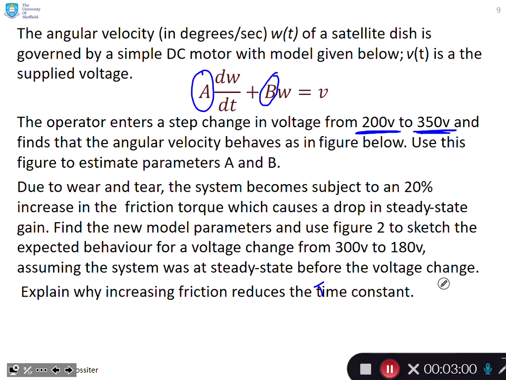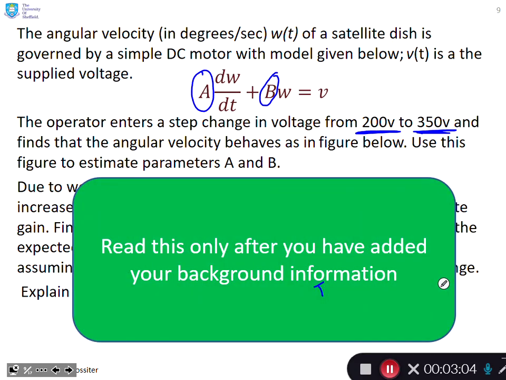Use this to estimate the parameters A and B. Now, my recommendation is don't even read the rest of the question. Just concentrate on part A, because sometimes parts 2 and 3 don't make sense until you've solved part A. So focus on part A first.